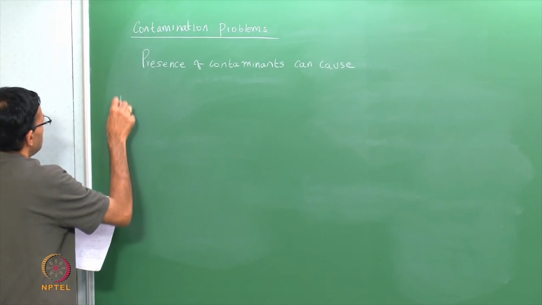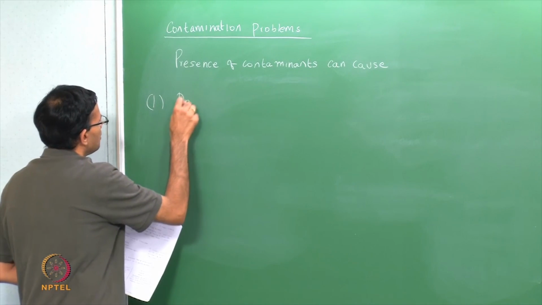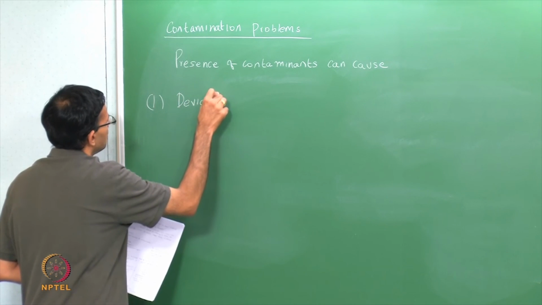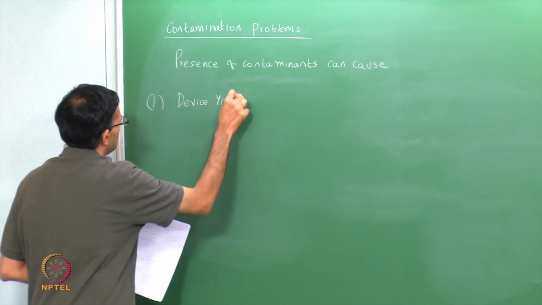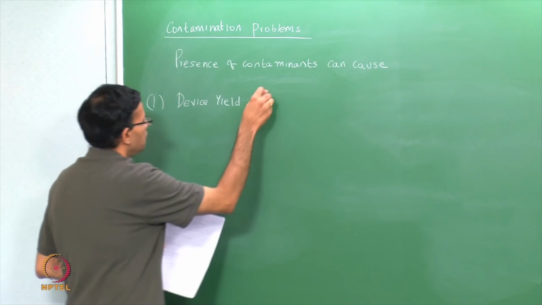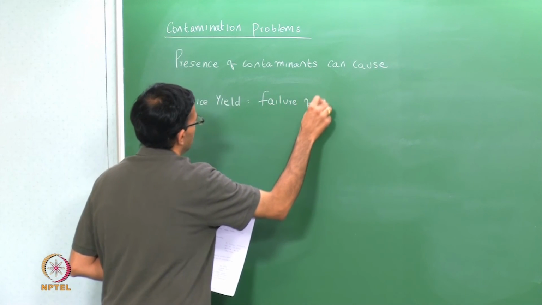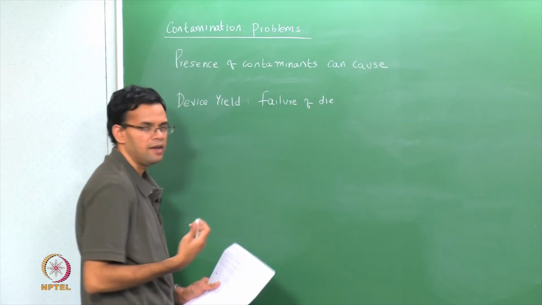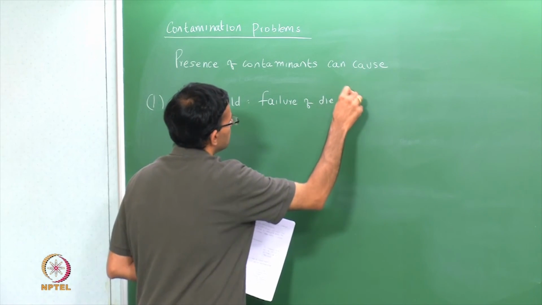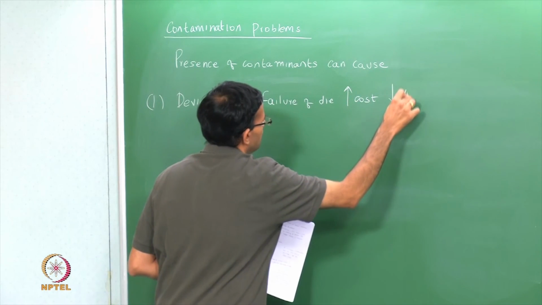So, the first one is it can affect device yield. This is straightforward. It can basically lead to the failure of the die and an increase in cost. It is accompanied by a lowering of the yield.